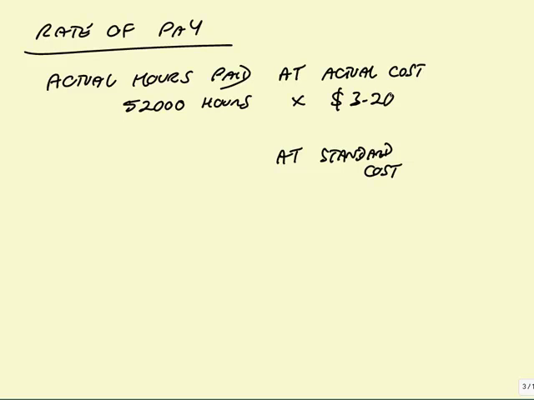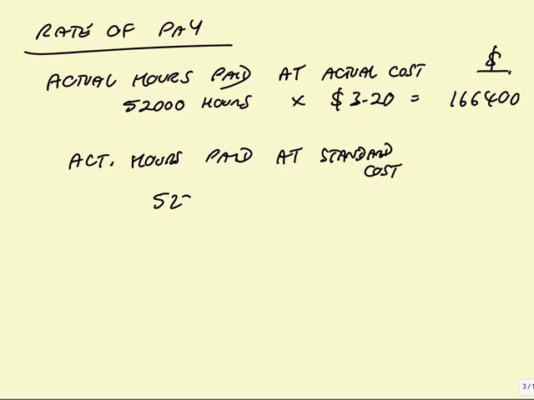Well, again, it's the actual hours paid, but at standard cost. 52,000 hours. How much should each hour have cost, please? $3 from the cost card. So at $3, we should have paid, keep checking me please, 156. The difference is the variance. So the variance here is 10,400.